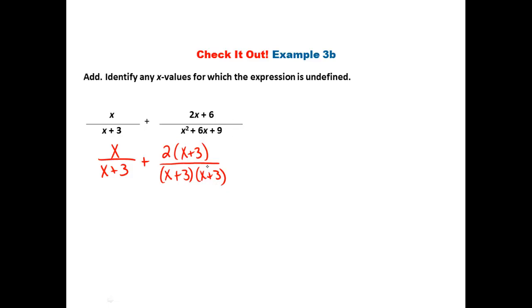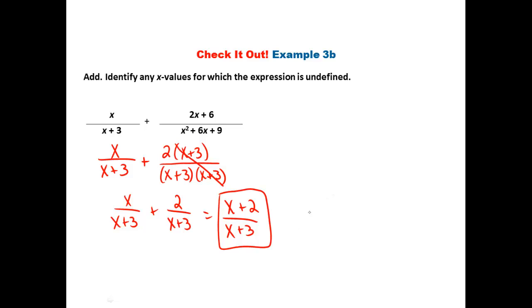It looks like these will cancel out, which is nice, and now we have a common denominator. So this equals x plus 2 over x plus 3. Then x cannot equal, looking at the denominator, negative 3.